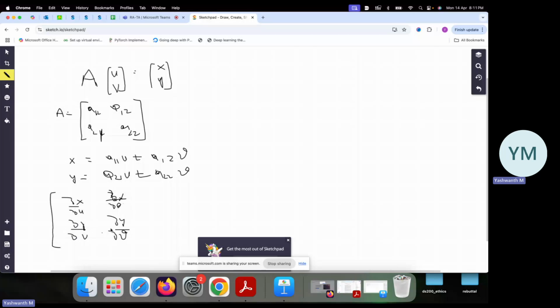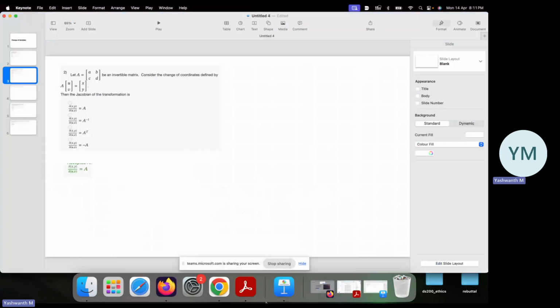This is the Jacobian matrix, and as you can see, this is nothing but A11, this is A12, this is A21, and this is A22. So this is nothing but A. So yeah, the first option is the right answer.